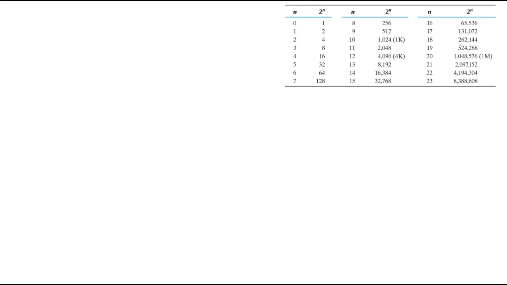B. 751. Okay, what's the biggest power of 2 we can subtract from 751? Well, I think that's 512, which is 2 to the 9th. I do that subtraction, we get 239.